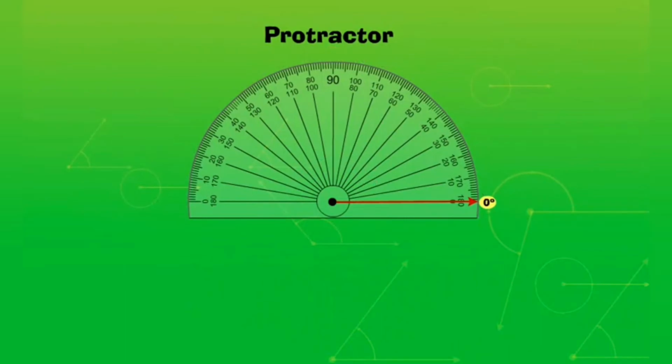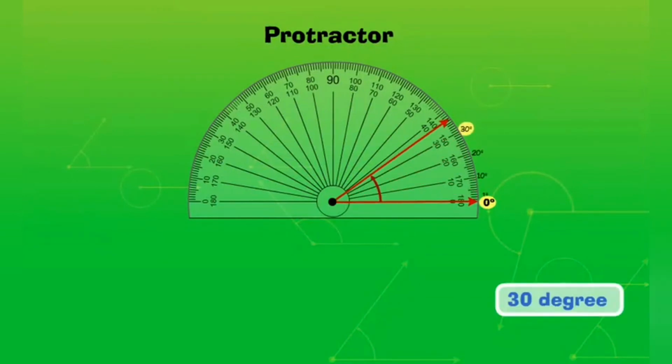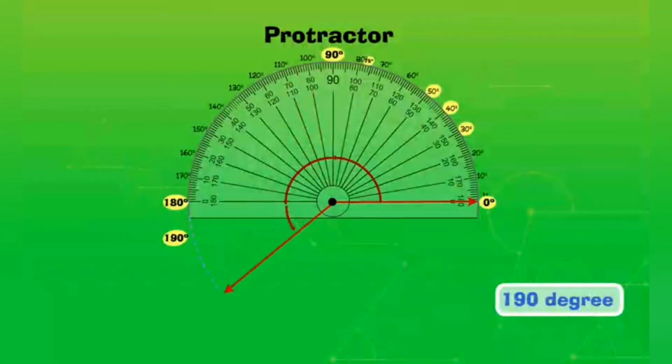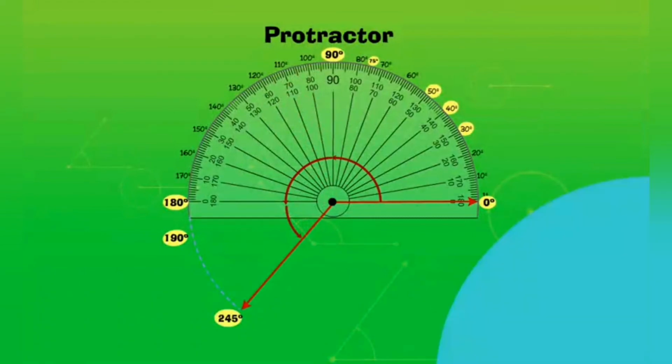Each of these parts is called a degree, denoted by 1 degree. As you can see, the arms of the angle can take any position. Say 30 degrees, 40 degrees, 50 degrees, 75 degrees, 190 degrees, 245 degrees.